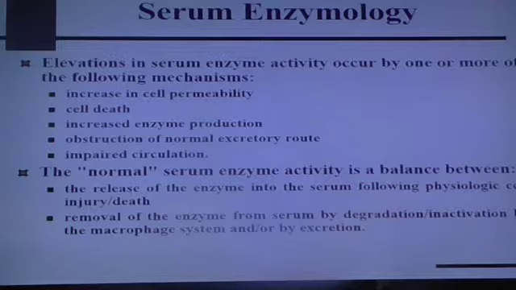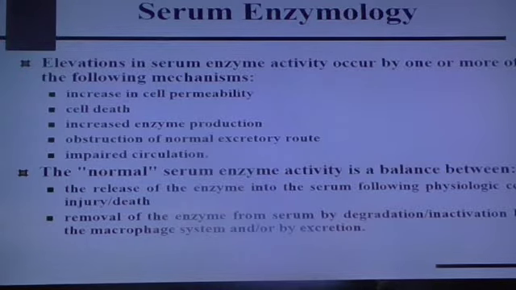Okay. Or obstruction of your normal excretory route, because they're usually excreted by the liver. You've got cholestasis. Will that cause other enzyme elevations besides liver enzyme elevation? That type of thing. Or impaired circulation. In other words, you're not getting them metabolized because they're not going out through the kidney or this type of thing. So there's various mechanisms that can cause an increase in your serum enzymology.